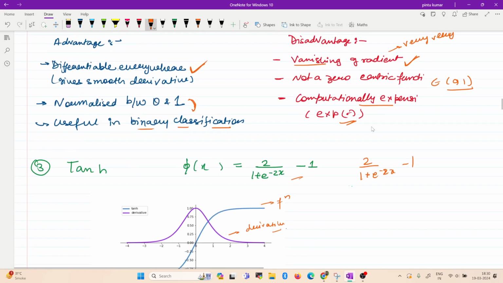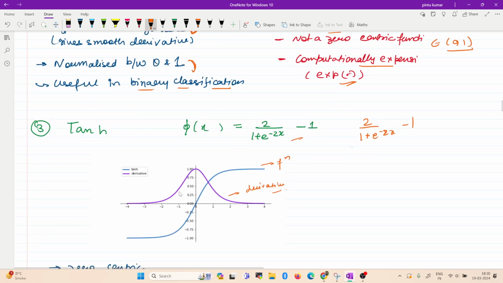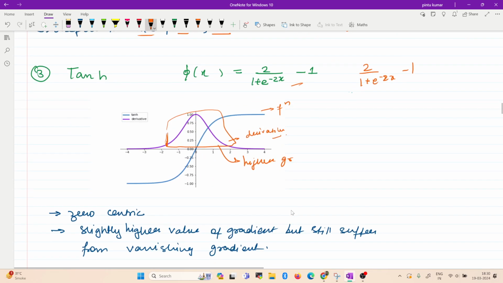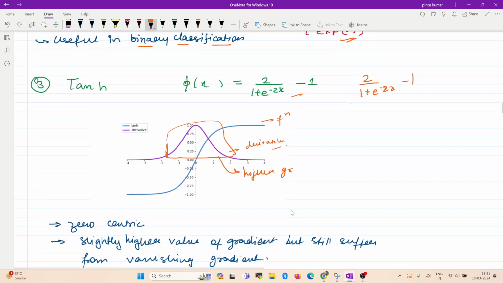If you look at the problems that the sigmoid function has, the derivative values were very, very small. But here you see that for a fairly large portion you have a higher gradient. So you can overcome the vanishing gradient problem to some extent.